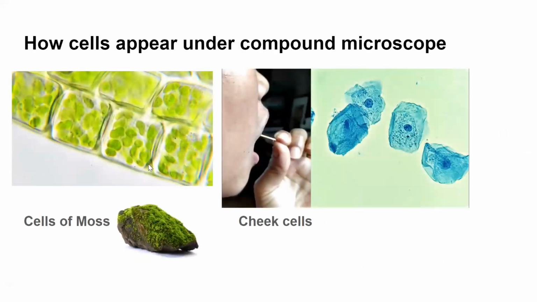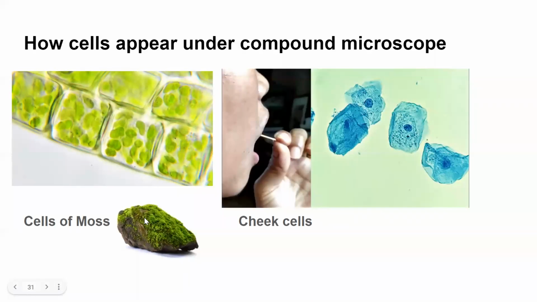So here on the screen, you're looking at actual cells, photographs taken from cells under a light microscope. Have you seen moss? These mosses are tiny plants which grow like carpets on the surface of damp walls or rocks or buildings or even trees.